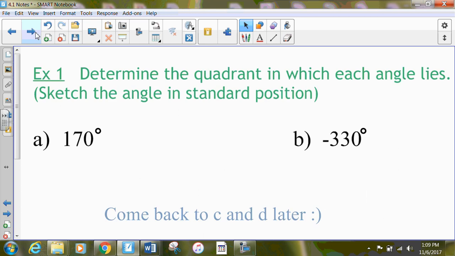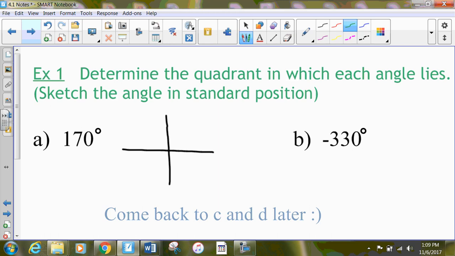So our first example that we did in class says determine the quadrant in which each angle lies. So we want to get really good at sketching these angles. So we put up our coordinate XY axes and we think about, well, if we go all the way, we know our initial side's here, and if we rotate all the way around to the other side of the x-axis, we're going to be at 180, right?